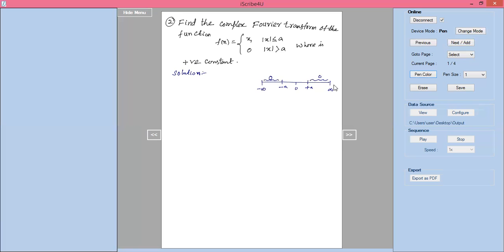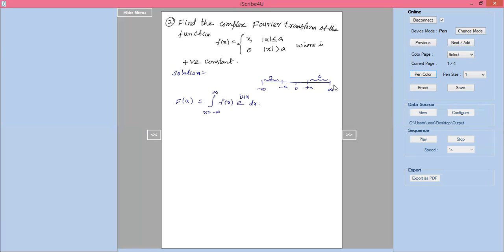Right. Now I will write F of u equal to, what is that formula I am writing? F of u equal to integration of x equal to minus infinity to plus infinity f of x into e power iux into dx. What is f of x? We know that.